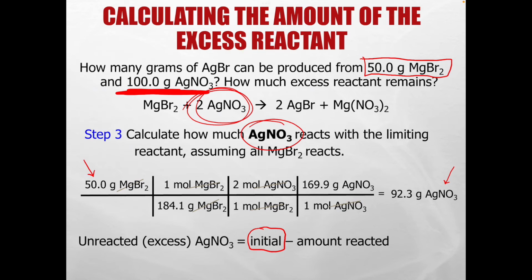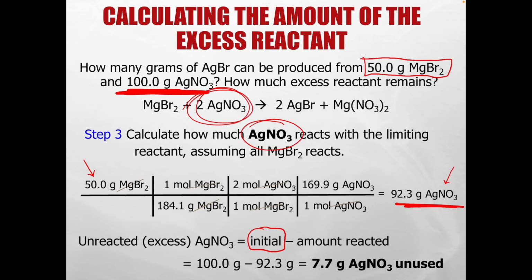We subtract out the amount that actually reacted, which is what we were calculating, the amount of our excess reagent that reacted. So 92.3 grams of silver nitrate actually reacted, and we subtract that out. If we do 100, the amount that we started with, minus 92.3, the amount that actually reacted, we get how much is still floating around in solution unused.